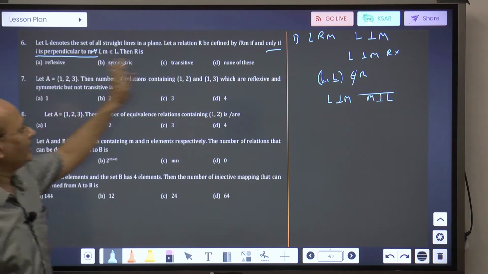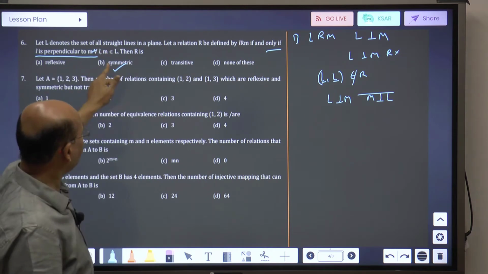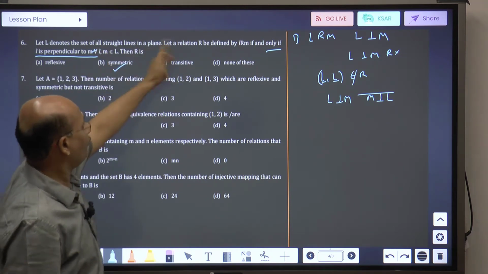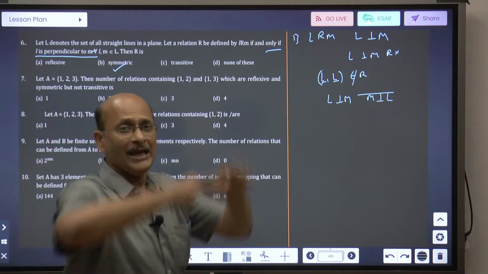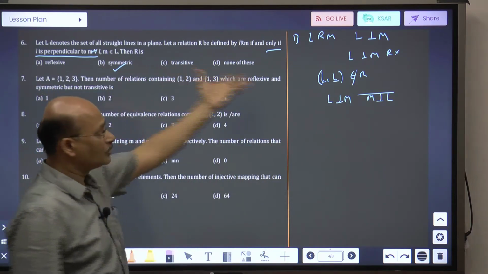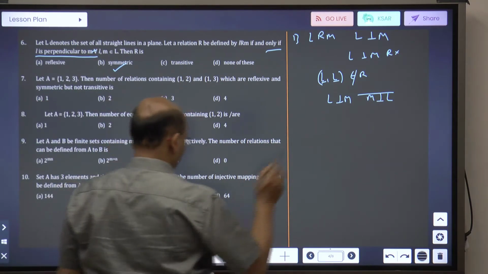There is no need to look at anything else. If you have one choice, fine. If there are two choices, like symmetric and transitive, or transitive but not symmetric, then you have to look at reflexive, symmetric and transitive all, and then conclude based on which option suits properly.